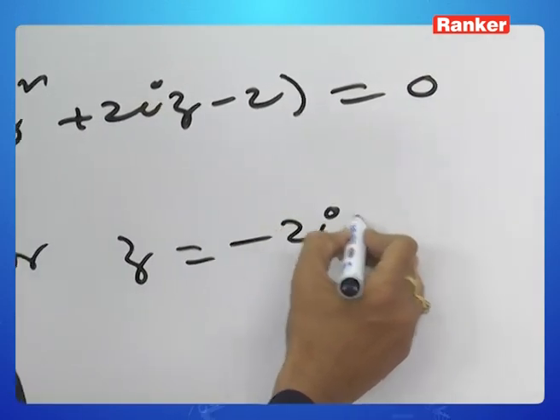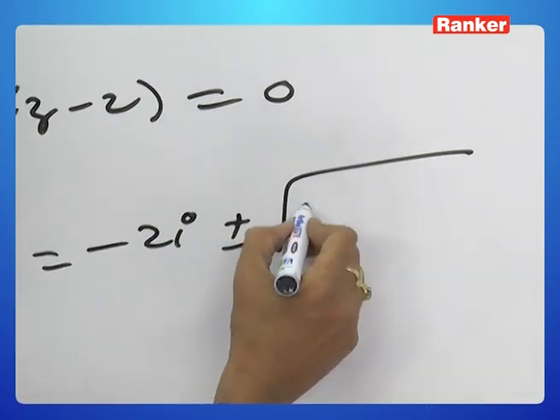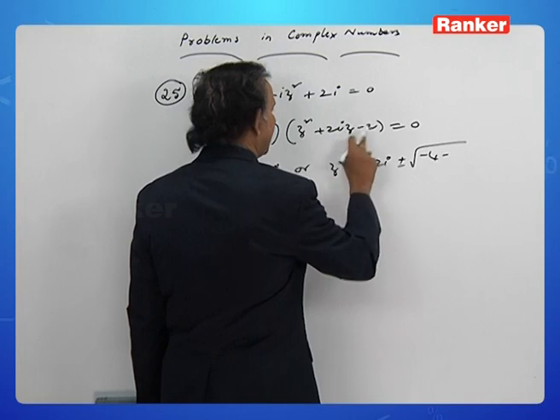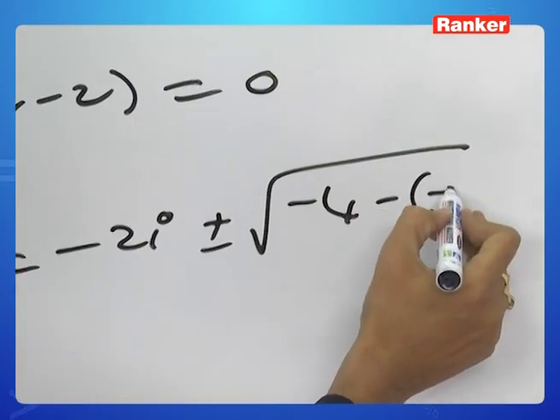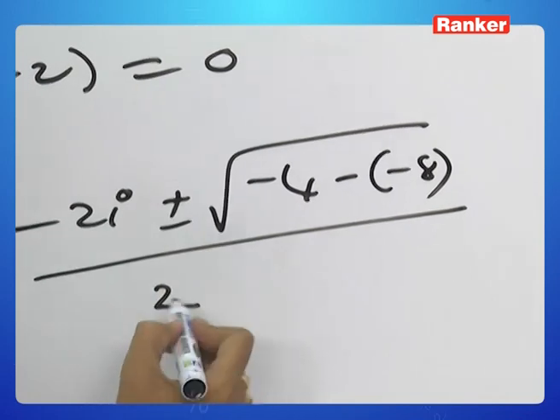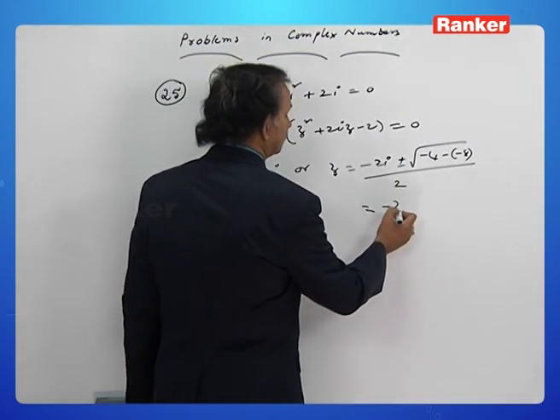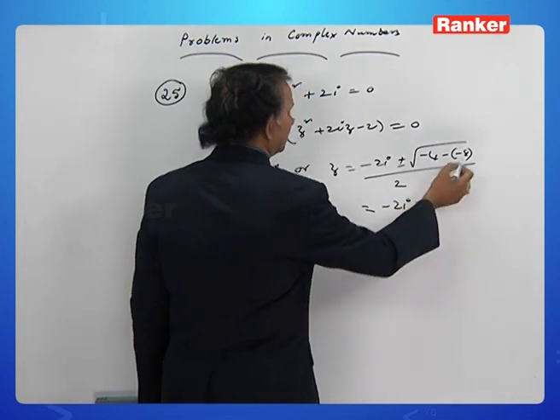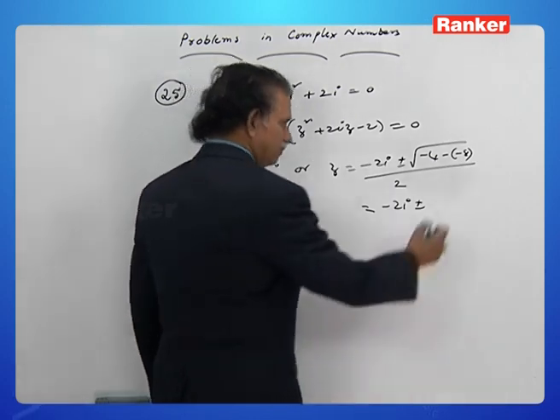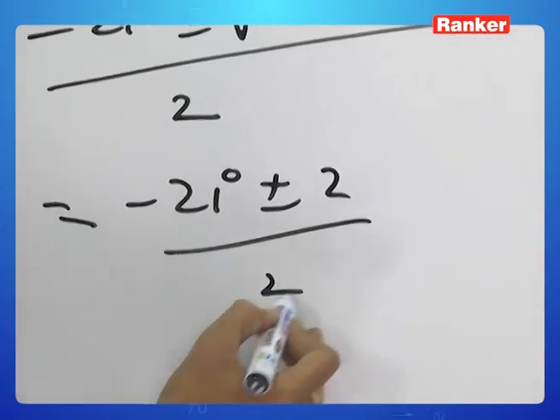minus b plus or minus root of b square minus 4ac, by 2a. Here b square is 2i square, minus 4ac is minus 8. This is minus 2i plus or minus root of minus 4 plus 8, which is 4, and root is 2, by 2.